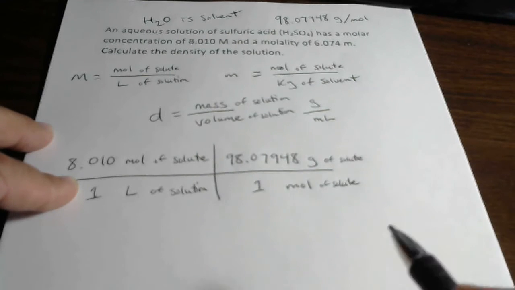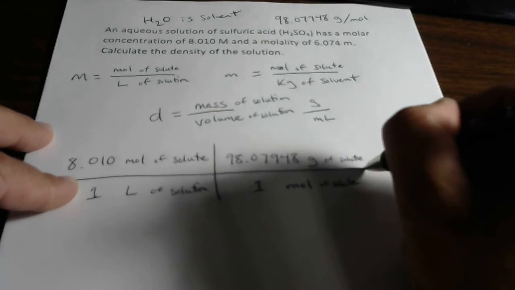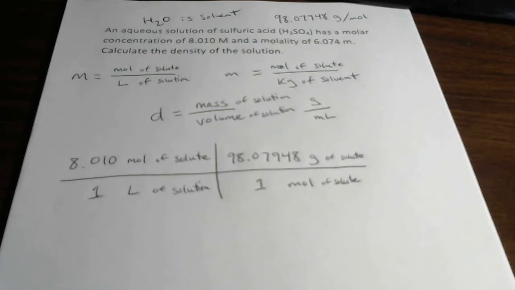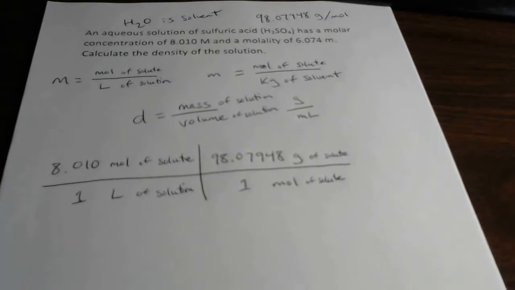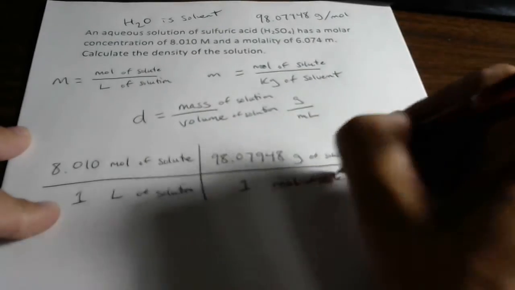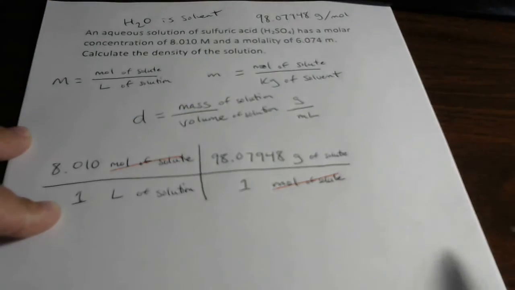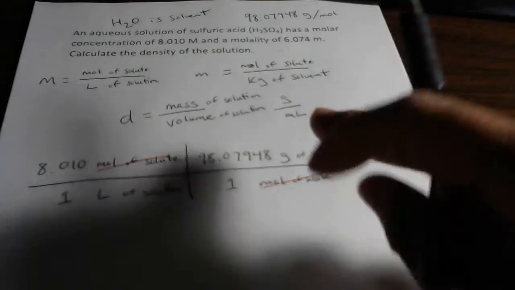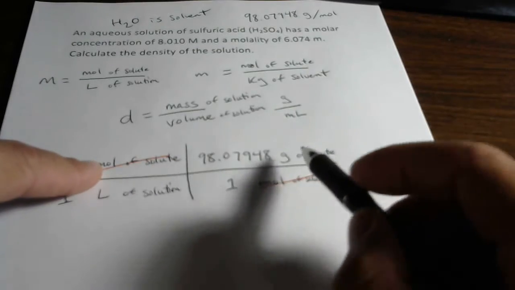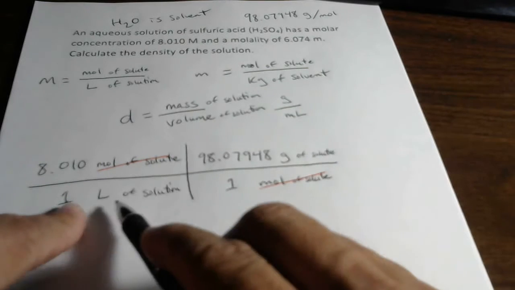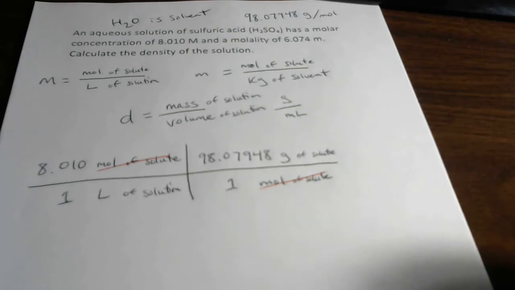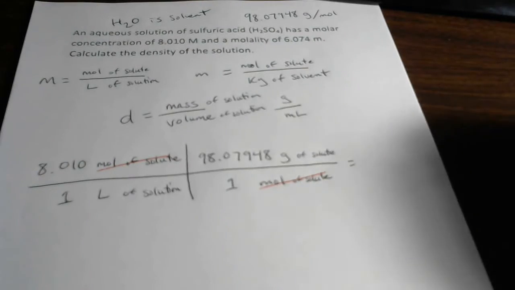Now you would see, if you did this correctly, that mole of solute here and mole of solute there are going to cancel. If you didn't do it right, you would have wound up with mole of solute squared per liter of solution times grams of solute, so you'd wind up with really funny units. However, in this case, they just cancel out fine.